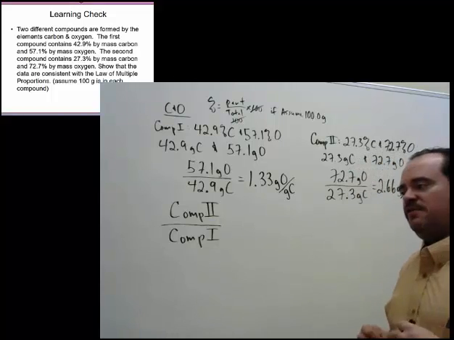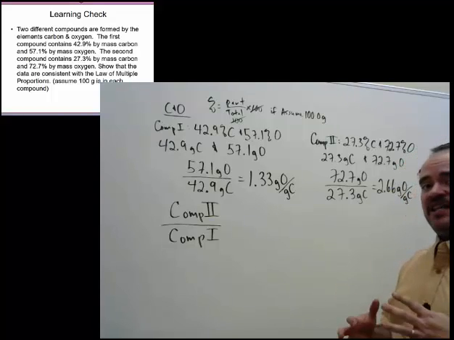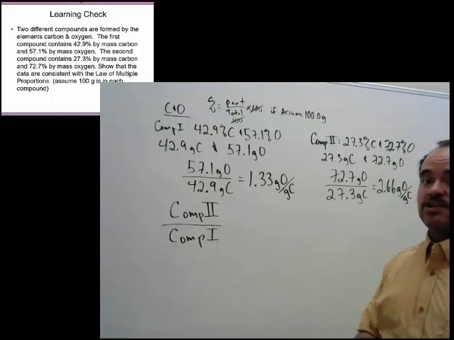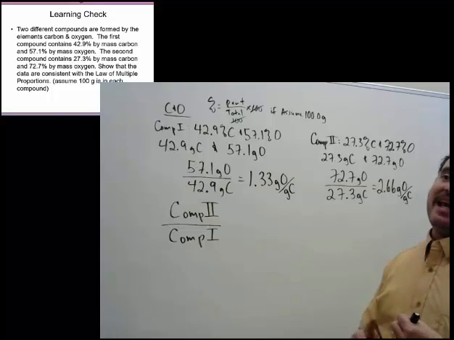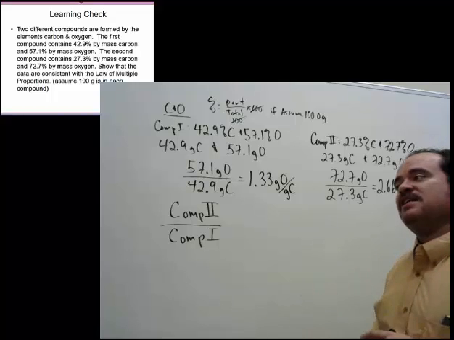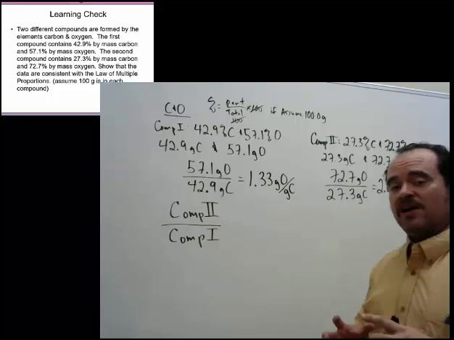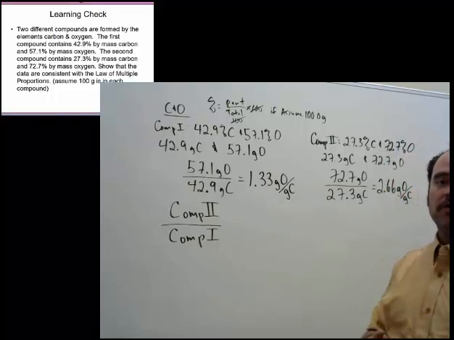So what we're trying to achieve here are whole integer numbers. If you remember, anytime you're given a formula, like water, H2O, you never hear it as, say, H1.5O. Fractions don't work here. They have to be whole numbers: 1, 2, 3, 4, 5, and so on.